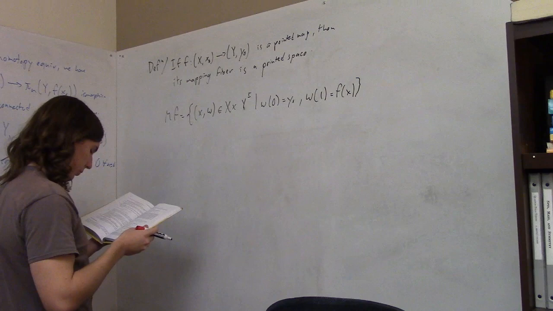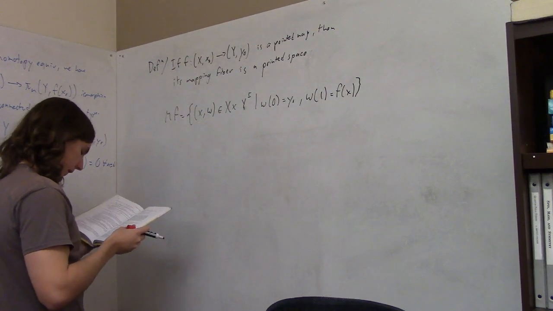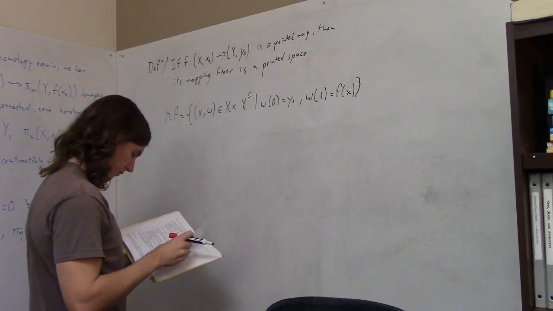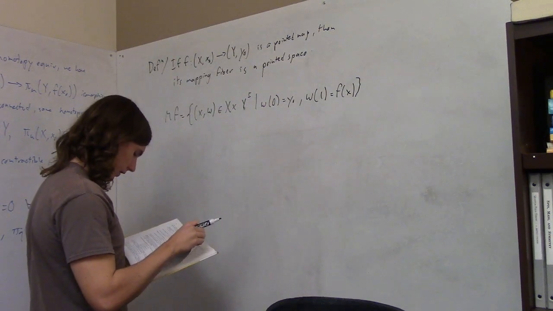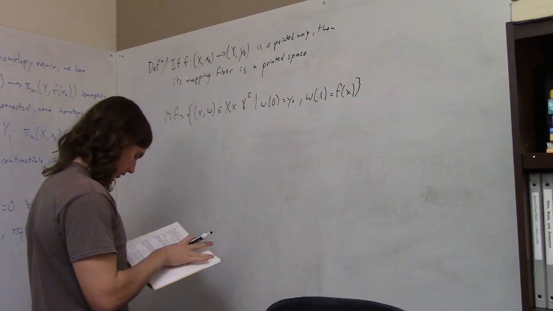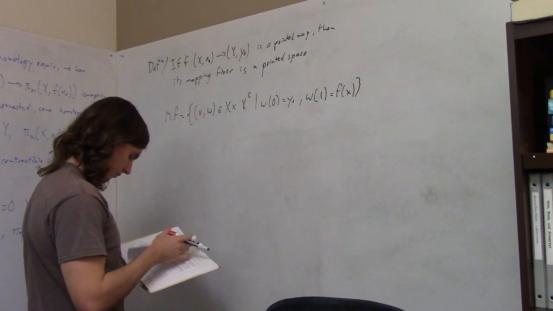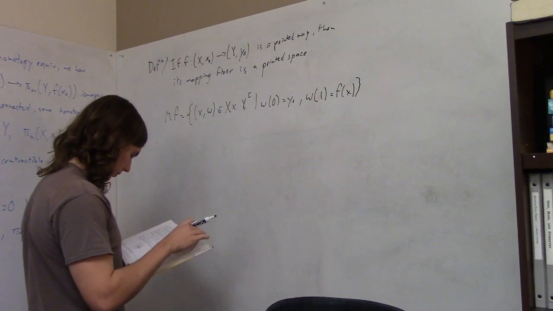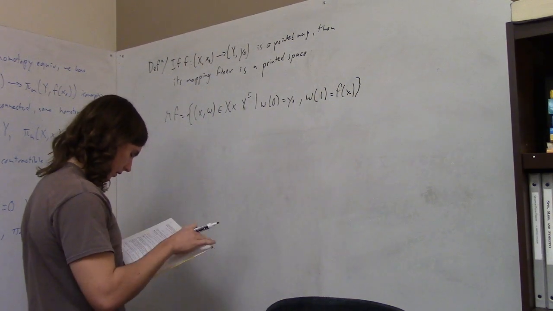Okay, and it says this base point is x naught omega naught, where omega naught is the constant path at y naught. And yeah, so this will show up later when we start talking about fibers. And we found a lot of exact sequences when we're talking about these bases.